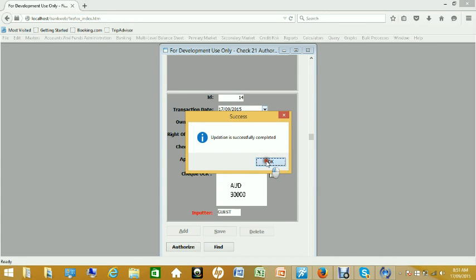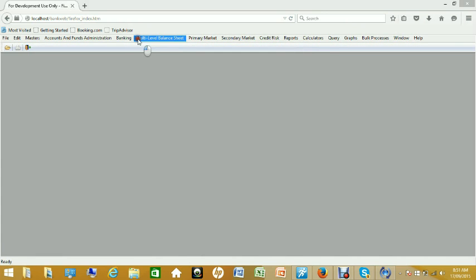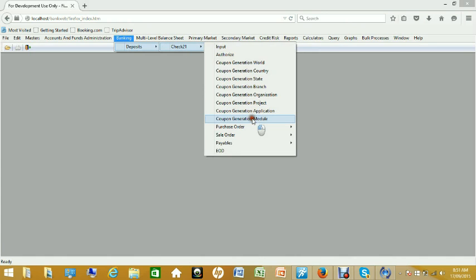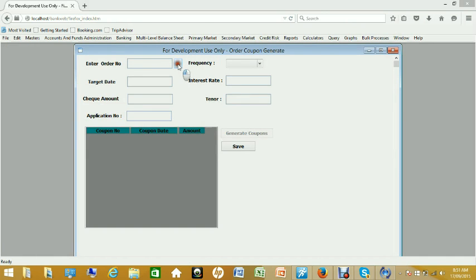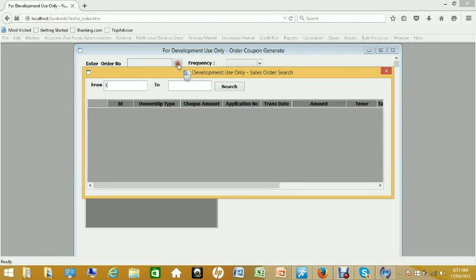Saved successfully. So let's generate coupons for ID 14. So check 21 order number 14.